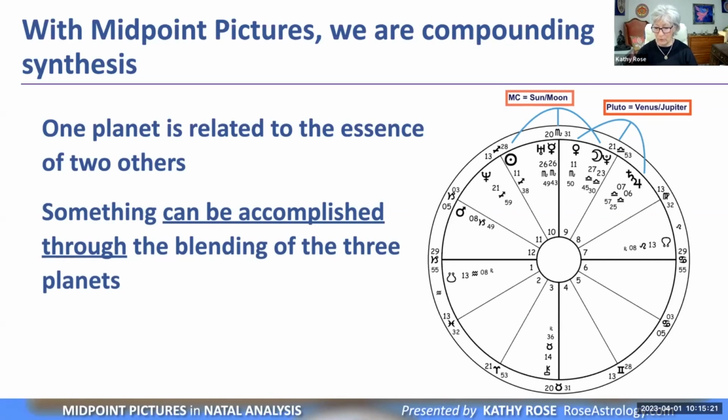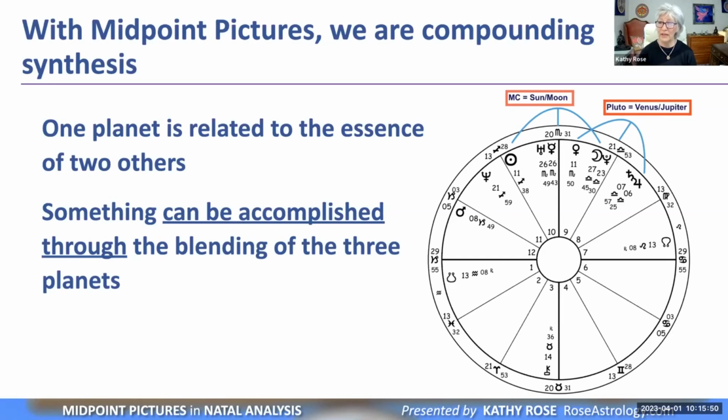And some of the key words would be career pursuits, professional public image, can be accomplished through the sun and moon blend, the core needs coming together. And in a moment here, I'm going to talk about how important the sun moon midpoint is. Out of all the midpoints, that's at the top of the list. That's coming up. But you put the equal sign to show that they are connected.